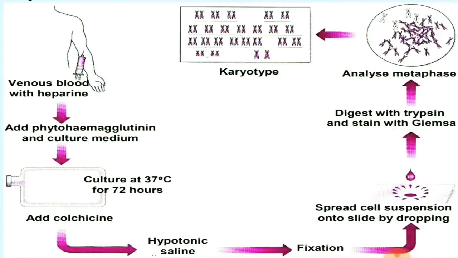The chromosomes in metaphase are going to spread on this slide, and further we are going to stain the slide, either with Giemsa or by digesting with trypsin and then Giemsa stain. Further, we can observe this metaphase chromosomal complement. This is the procedure of how a karyotype is prepared from postnatal samples.